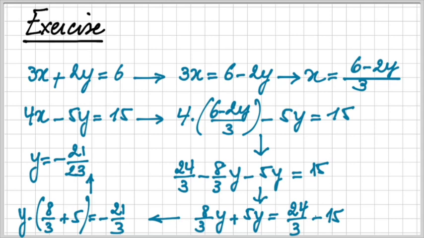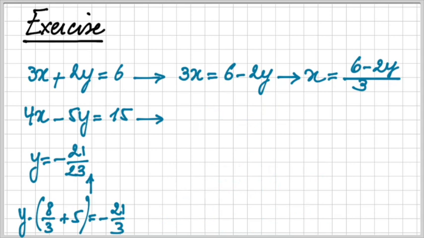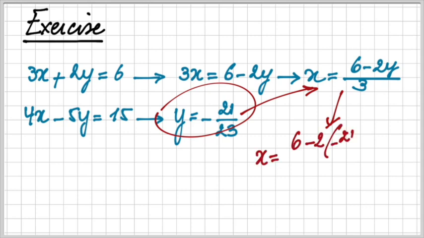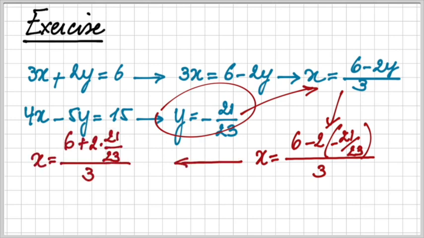That's the first element that we have, and we can say that in this case we found the first coordinate of the intersection. Now we put this in the expression of x, so we replace y by minus 21 over 23, and we see that x is (6 minus 2 times minus 21 over 23) divided by 3, which gives us x is (6 plus 2 times 21 divided by 23) divided by 3.